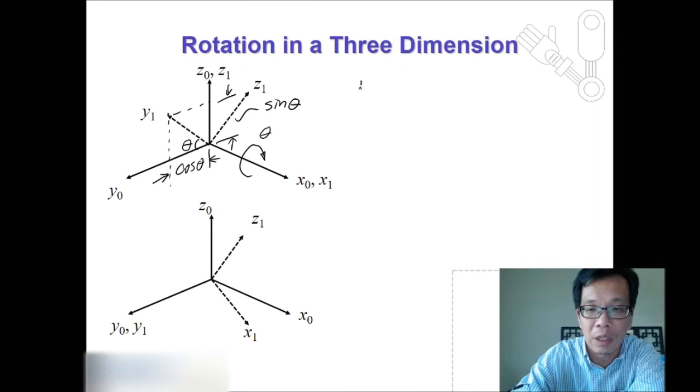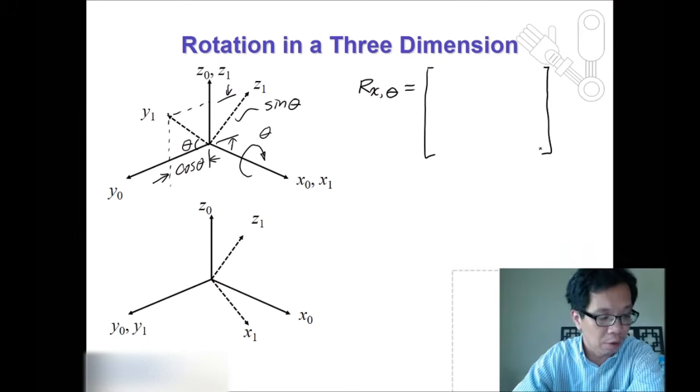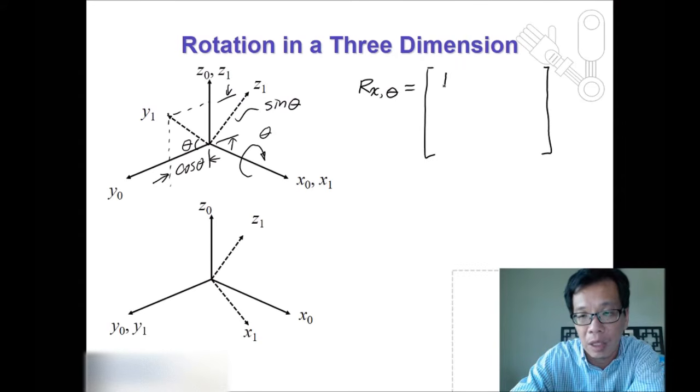In other words, if we try to deal with the transformation matrix Rx theta, we would need to do another matrix. When we do the matrix, keep in mind we are rotating about x-axis, which means it must be 1 along x-axis. And we need to fill out the 4 components over here.